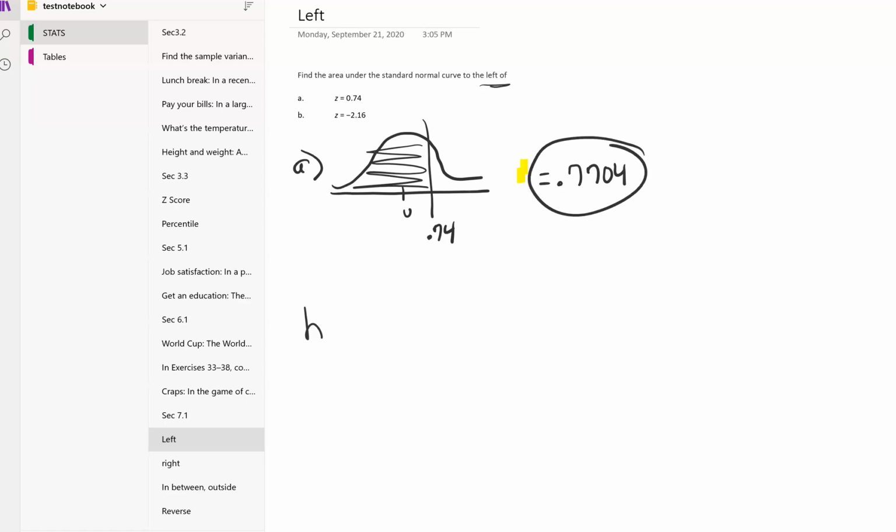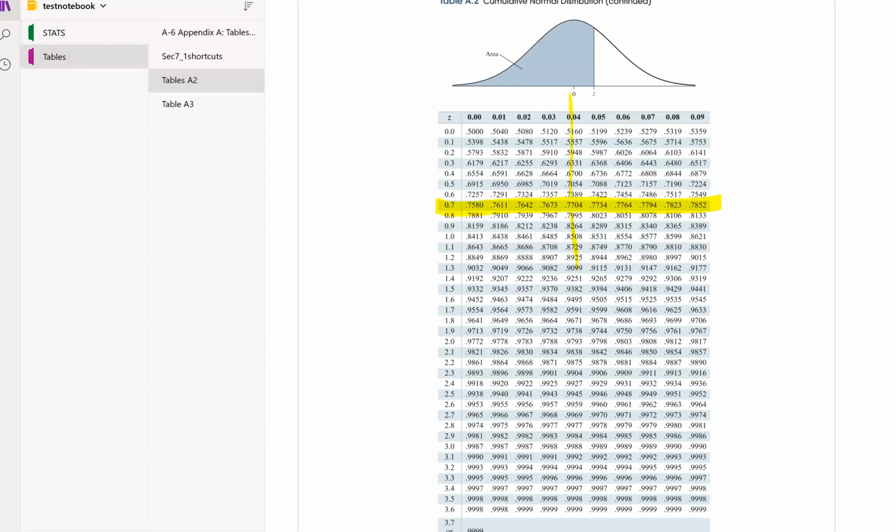All right, B. Again, this is to the left. If I made a little picture, again, 0 is always in the middle, and negative 2 maybe over here. So it's whatever I look up on the chart. So negative 2.16.